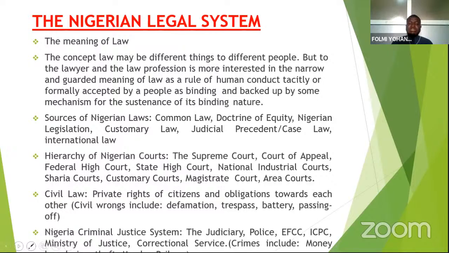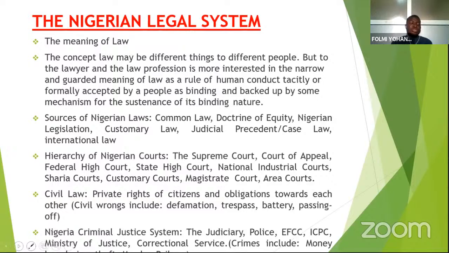Then we have the Nigerian criminal justice system, which is about the Nigerian criminal law, which is there to enforce rules of conduct, usually statutory. Criminal law is the body of law that relates to crime. It prescribes conduct that is threatening, harmful, or otherwise endangering the property, health, safety, and moral welfare of all citizens.